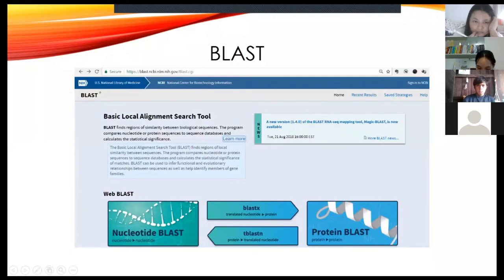Once we have the amino acid sequence or the nucleotide sequence, you can use nucleotide BLAST to search DNA or RNA with DNA or RNA, so nucleotides to nucleotides. If you have the protein sequence and you want to know what the nucleotide sequence looks like, you can use TBLASTN.